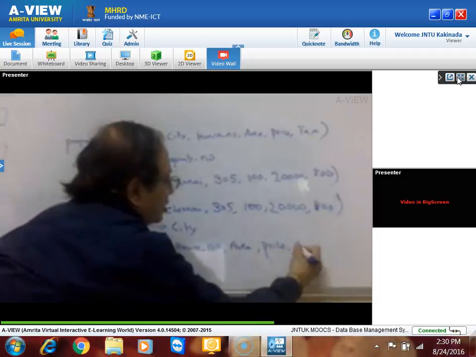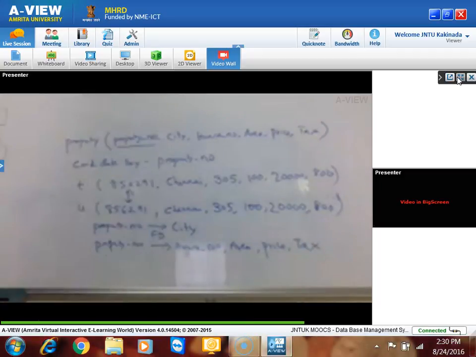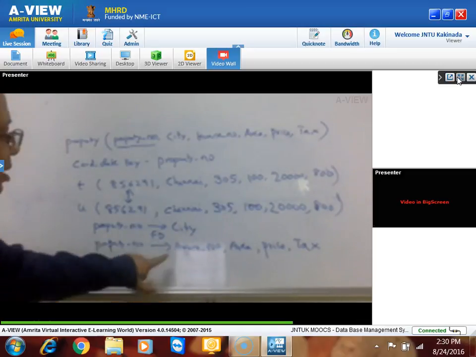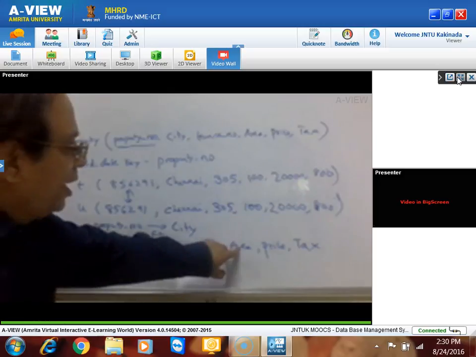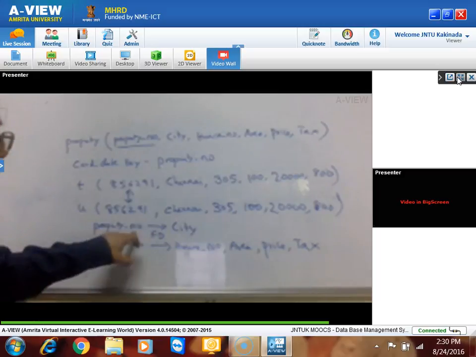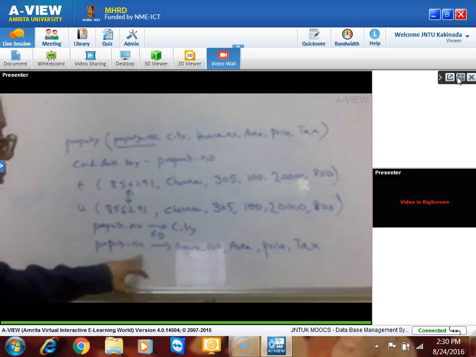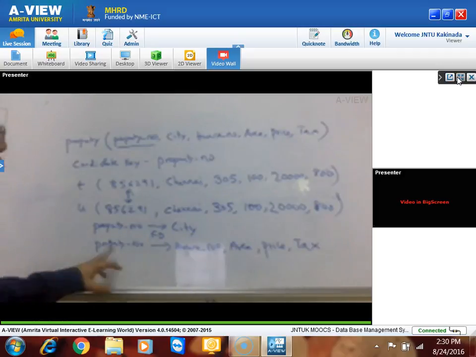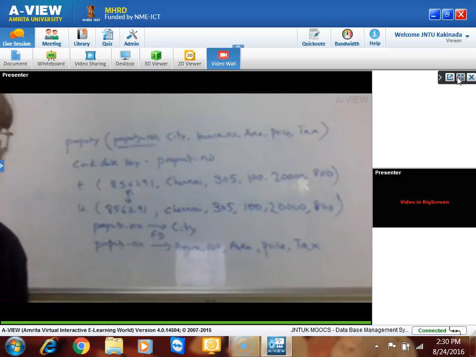It functionally determines tax. This is one FD, or a number of FDs. We can combine this into one single FD, where you can write property number determines city, house number, area, price, and tax. You can also write it as property number determines city as one FD, property number determines house number as another FD, property number determines area as another FD. So you can write all those FDs separately as well.